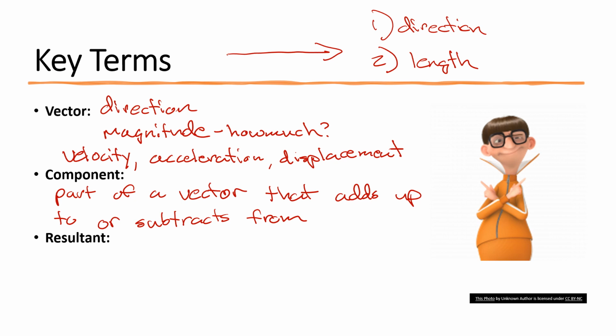The more it's accelerating, the longer the vector length is going to be. Okay. So part of the vector that adds up to or subtracts from the total is going to be a component, and the resultant is going to be the sum of the components.